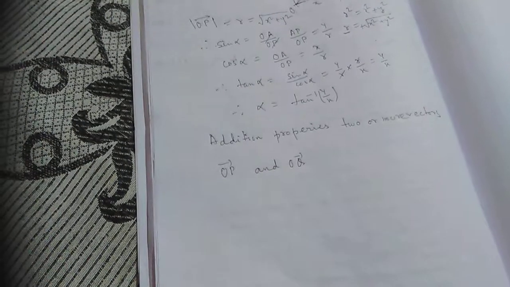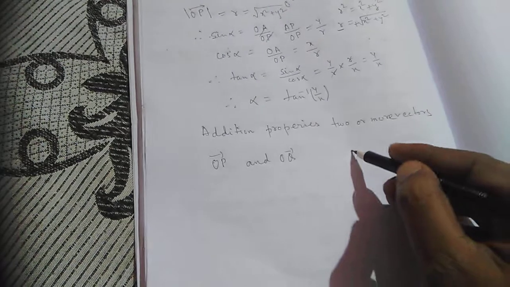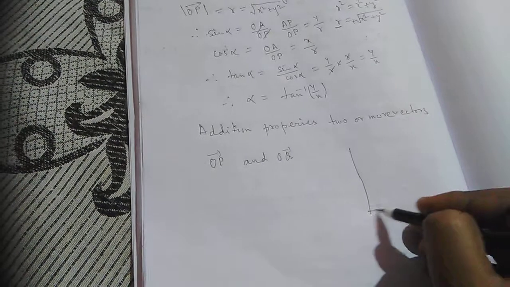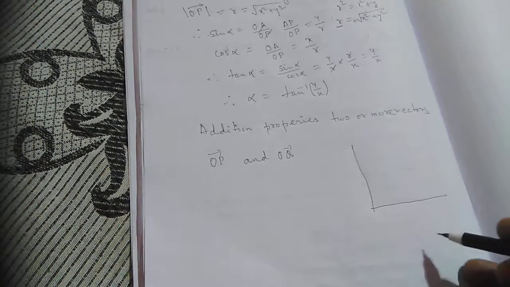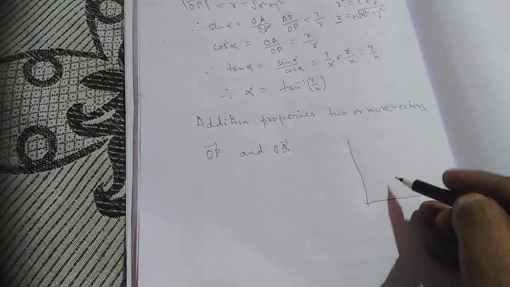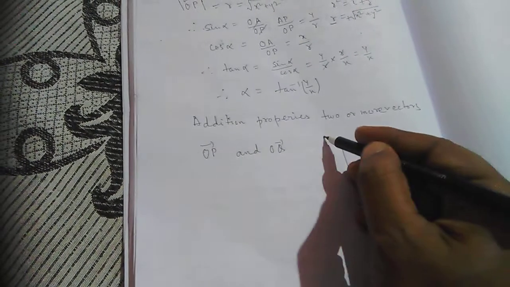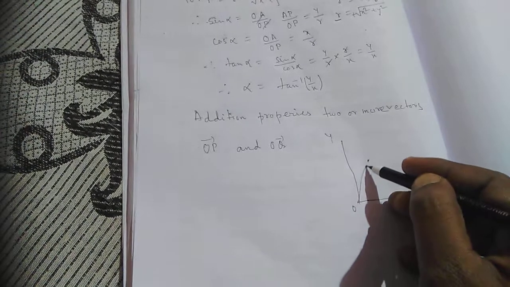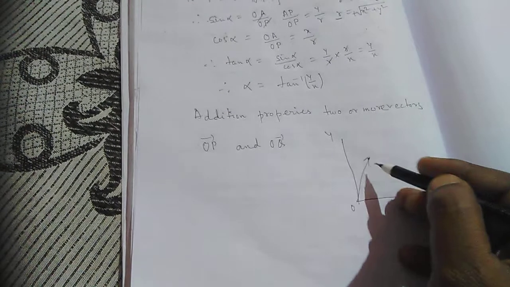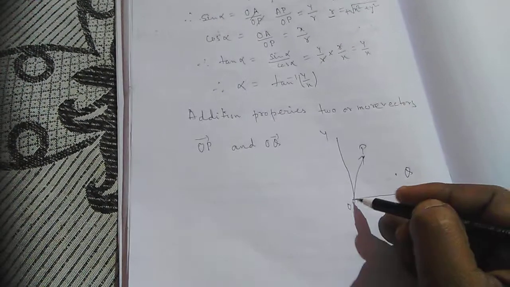Then we first represent it in a Cartesian diagram. Let P point be here, it is x, it is y, it is O, it is OP, and there is Q point, it is OQ.